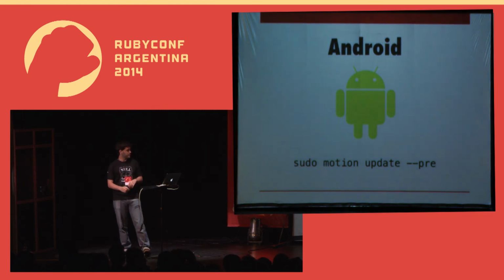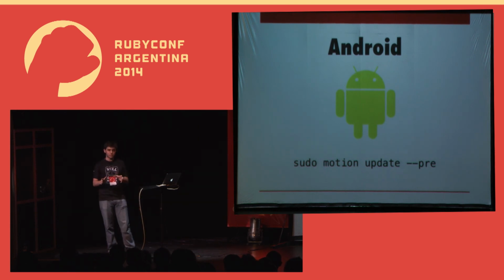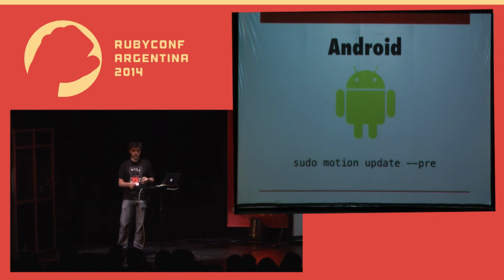Now, going back to my presentation, just a comment, because talking about Android would take a completely different presentation. RubyMotion now supports Android app development as well. It works like Objective-C. It's still in beta status, so if you have a RubyMotion license, you can do your motion update, download the beta, and start developing Android apps.